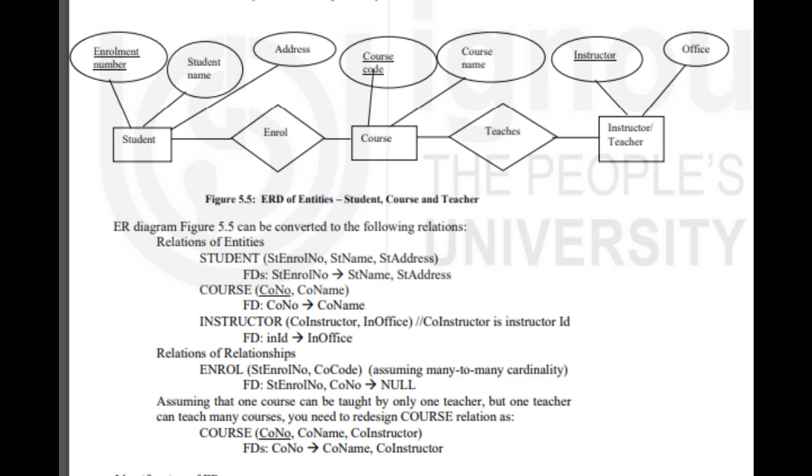The primary key of the relation is a composite key of attributes stud_enroll_no and co_no. 5.5.2 The second normal form, 2NF. The relation of figure 5.3 is in 1NF, yet it suffers from all the anomalies. Therefore, a second normal form may be defined to overcome the anomalies.